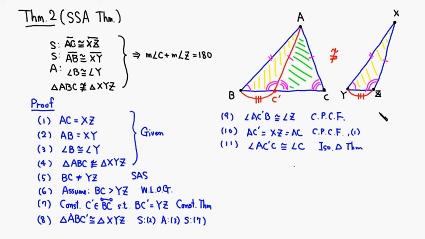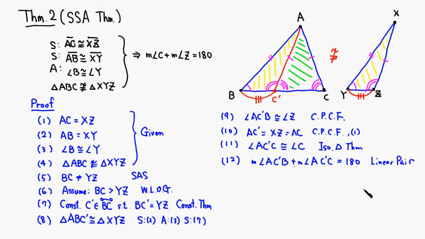Then number 12, we know that the measure of angle AC prime B plus the measure of angle AC prime C is equal to 180, because they're a linear pair.